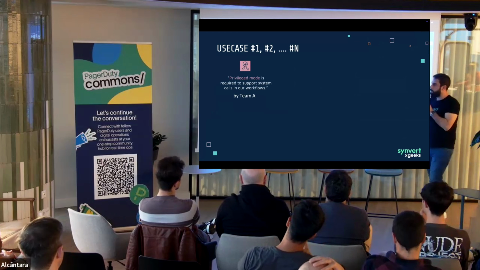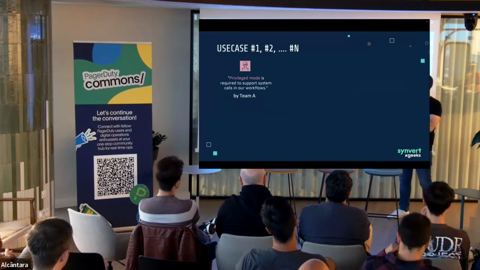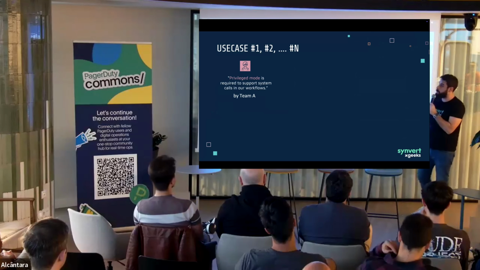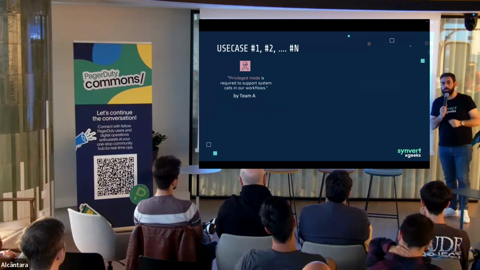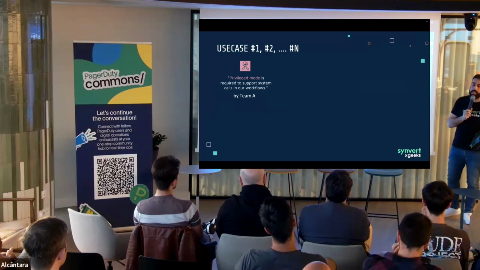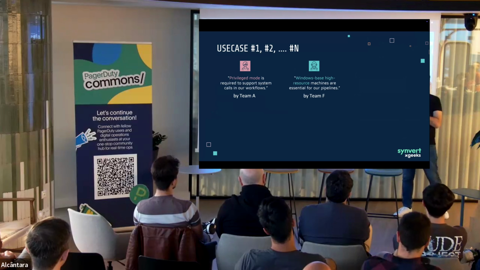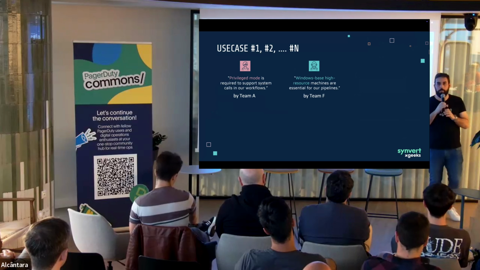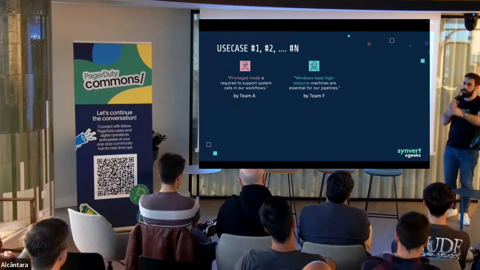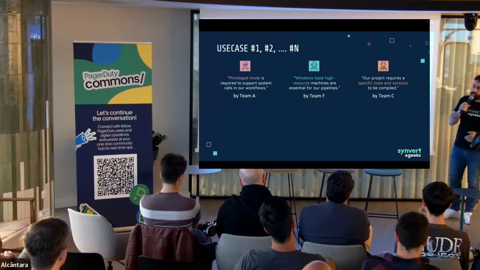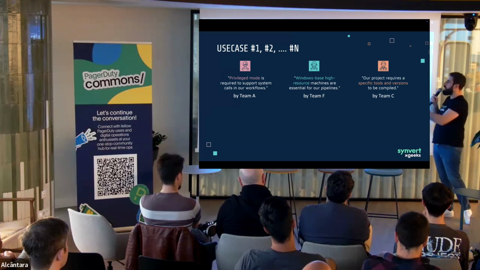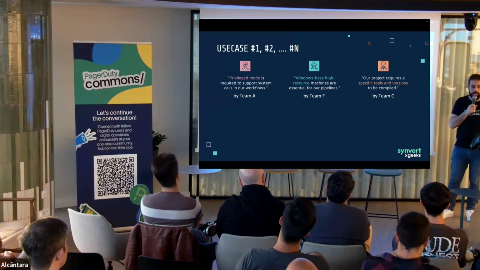And it's very common for a team to come to us saying, I know I need privileged mode to run my pipelines. And then a second team comes and says, but Windows-based high-resource machines are essential for our pipelines because we are using this particular tool. And then another team says, our project requires specific tools and versions to be compiled.